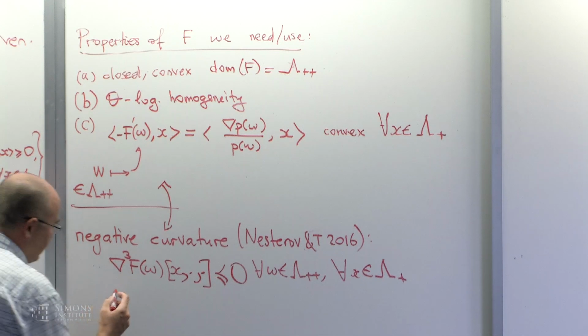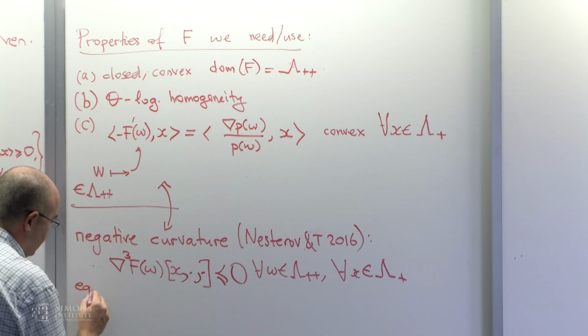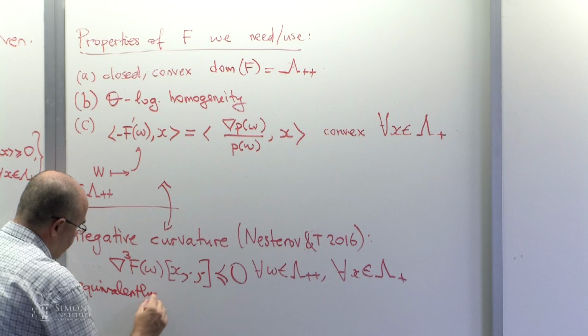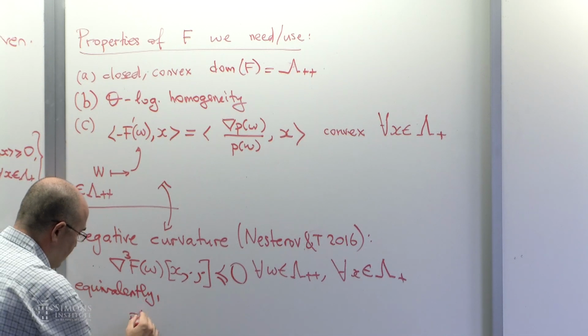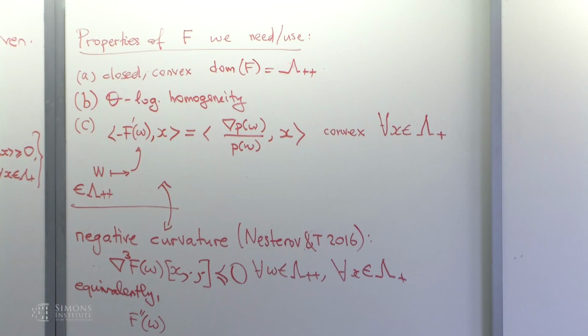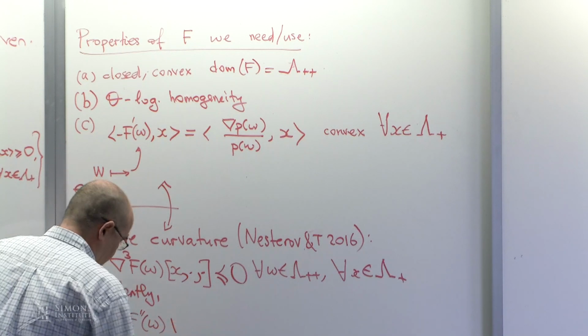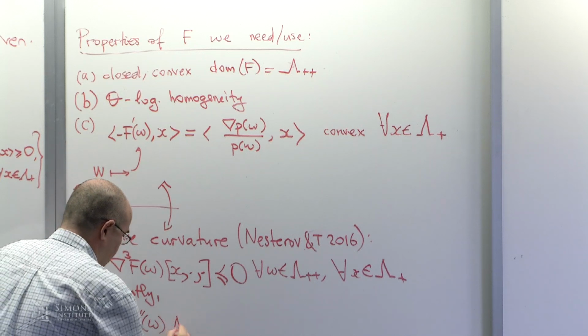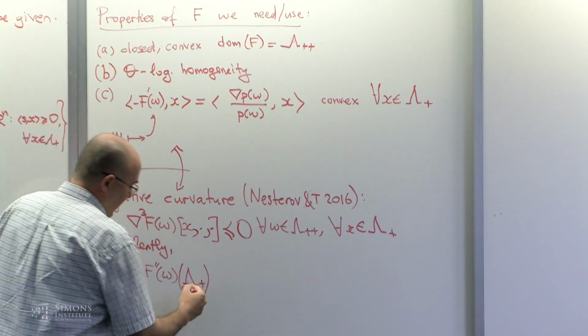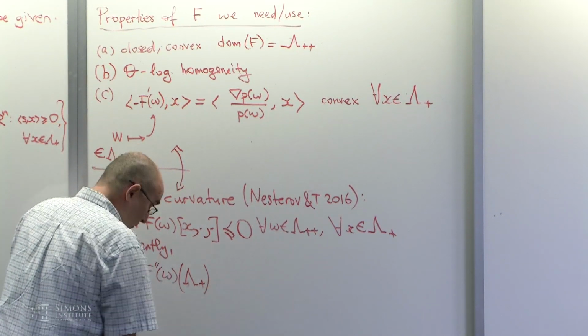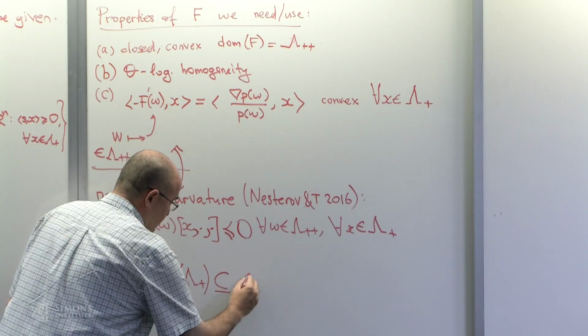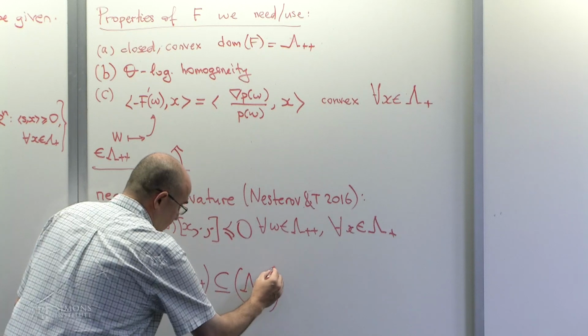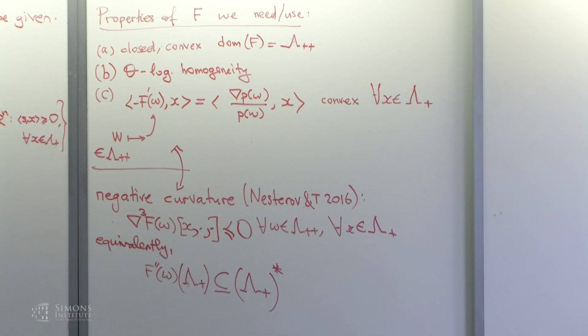But as I said, geometry. So what does it say about geometry? Equivalently, and this is perhaps the cleanest geometric condition, when you look at now the Hessian at any interior point of the hyperbolicity cone as a linear map, you fix a W in the interior and think about it as a linear map that maps the primal space to the dual space, what it does is when you apply it to the primal hyperbolicity cone, this gives you a convex cone, and that convex cone is contained in the dual of the hyperbolicity cone.